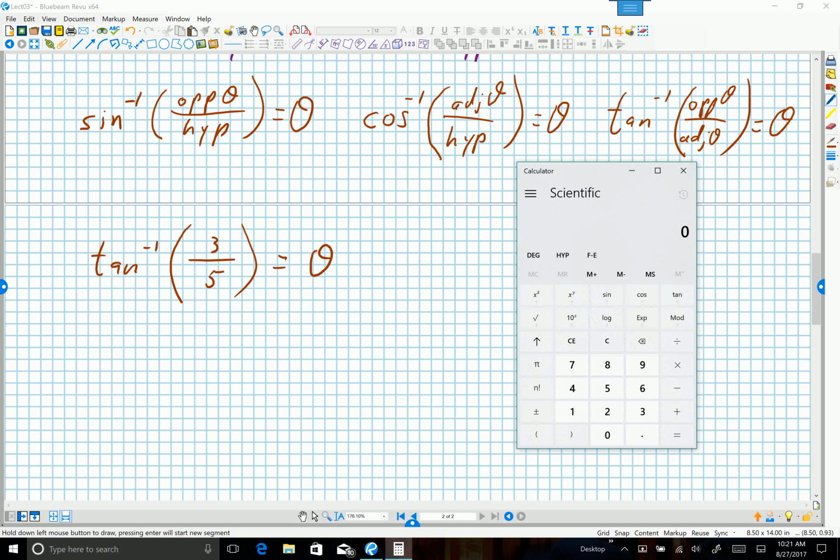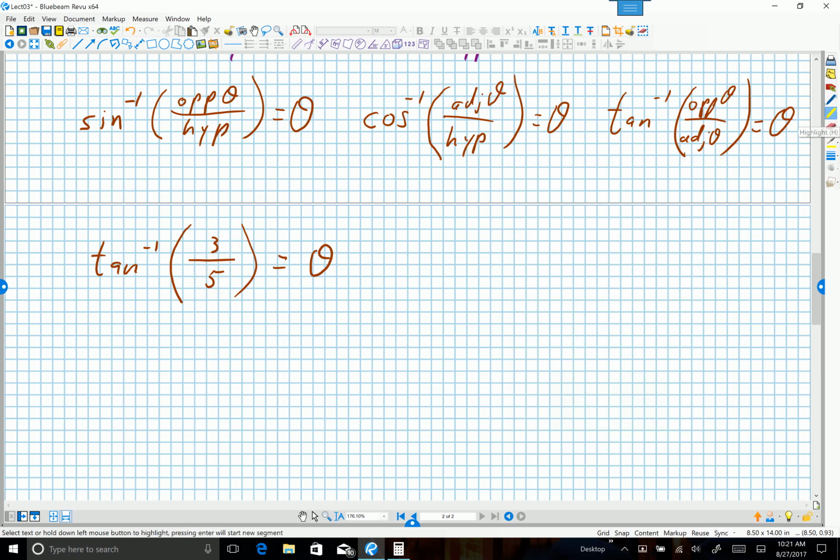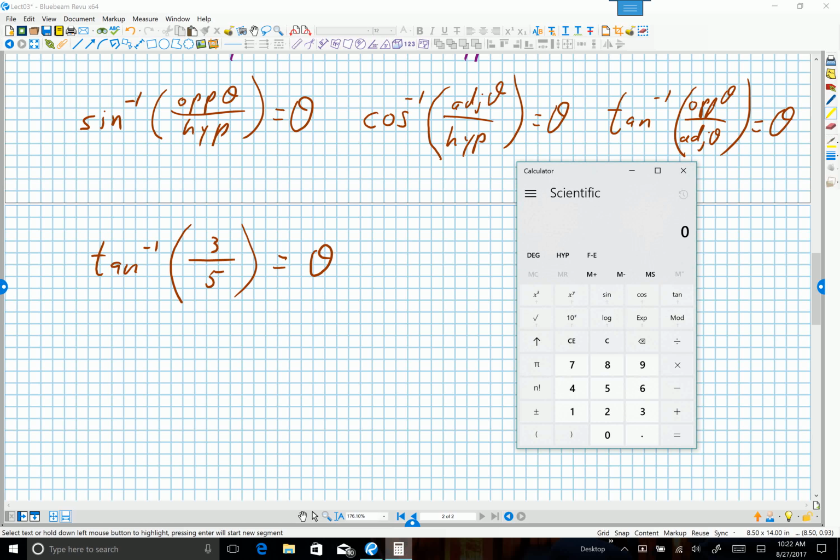Here's my scientific calculator built into Windows, and here's how you do it. You start by calculating this ratio. So I'm going to take this 0.6, and now I want the inverse tangent. If I look here, that's sine, that's cosine, that's tangent. If I push this button right here, I get another set: inverse sine, inverse cosine, inverse tangent.